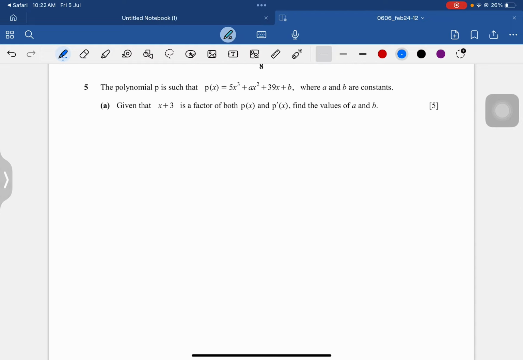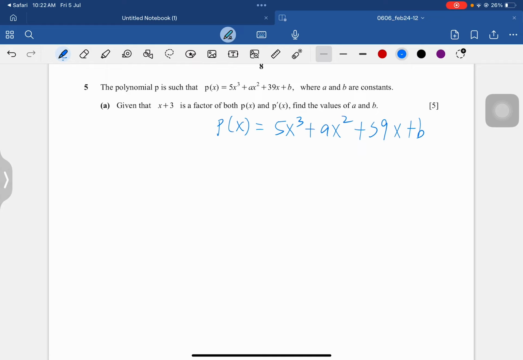Okay, question 5. Polynomial. Okay, I write out this first. p(x) equals 5x cubed plus ax squared plus 39x plus b.